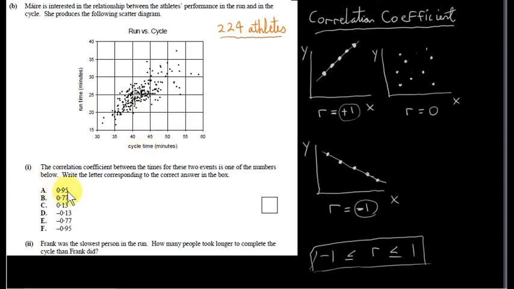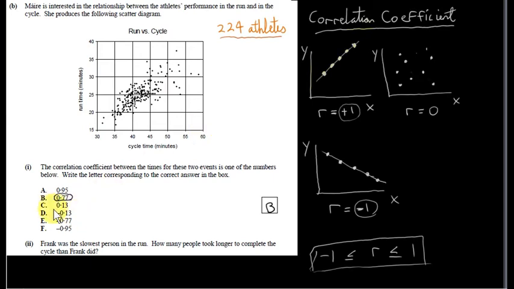Now it's not going to be 0.95, because 0.95 is quite close to +1. 0.77 is more like it. So there's a fairly strong positive correlation between run time and cycle time. 0.95, as I said, is too strong a correlation. In that case, the points would be very close to a straight line.